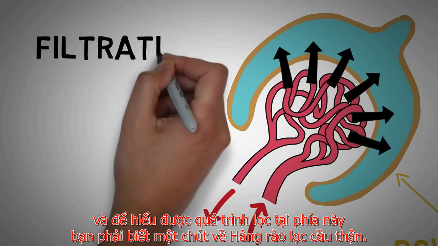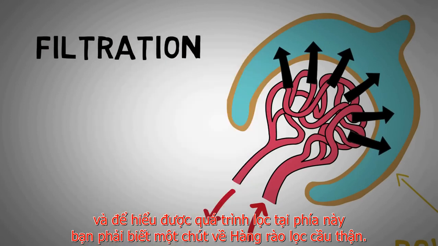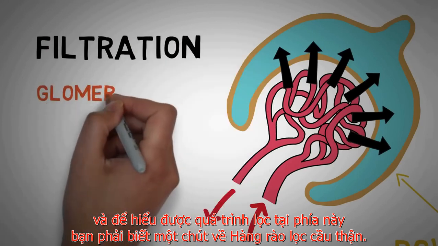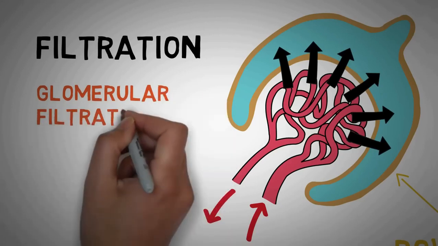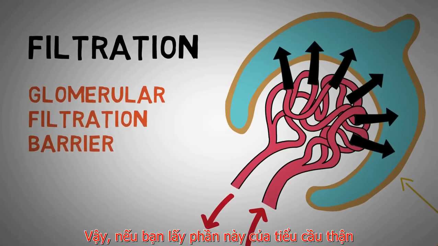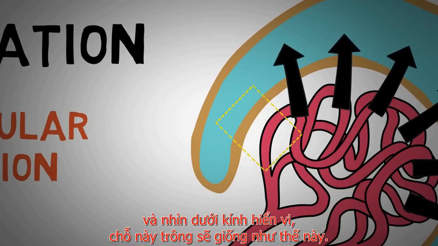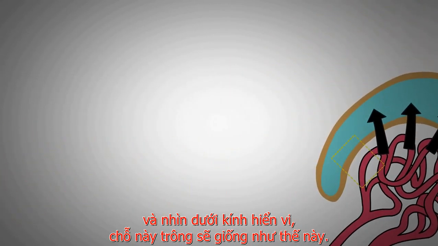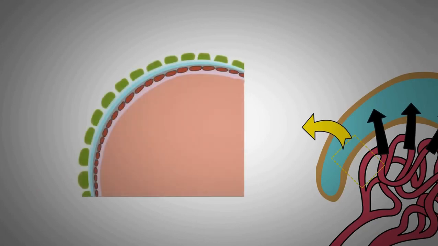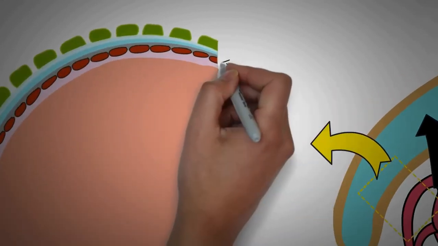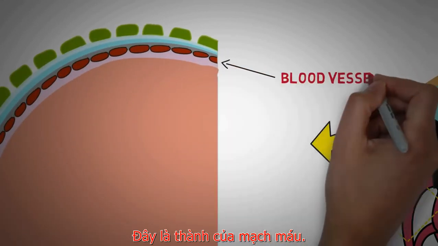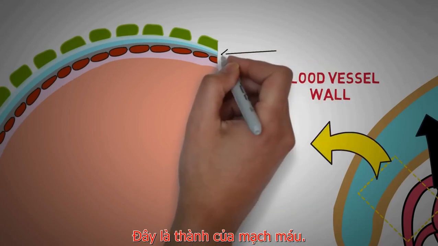And to understand the filtration at this site, you have to know a little bit about the glomerular filtration barrier. So if you take this part of the renal corpuscle and look at its microscopic view, it would look something like this. This is the wall of the blood vessel.